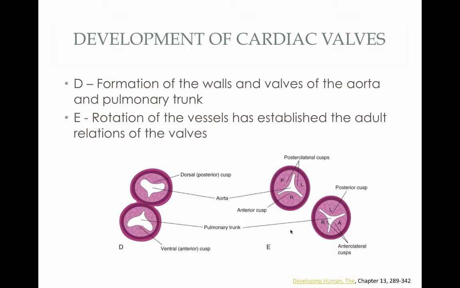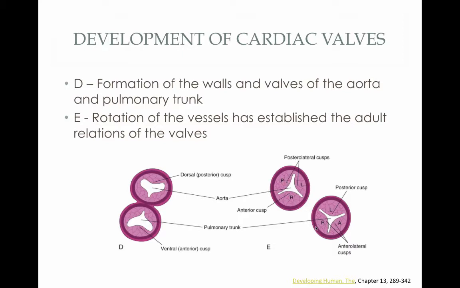Once we have formation of the aorta and the pulmonary trunk, we can see that there's rotation, still rotation. And now we have the aorta, and in the aorta we have the anterior cusp, or right coronary cusp, left coronary cusp, and non-coronary cusp.